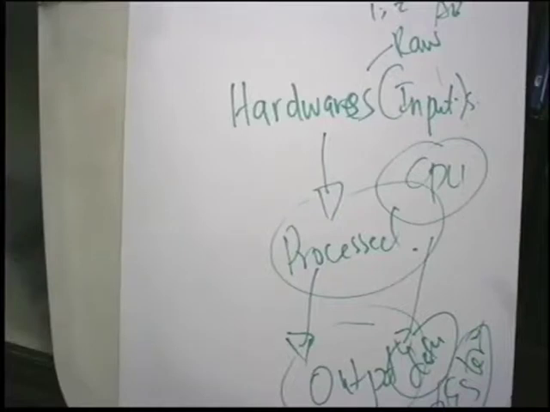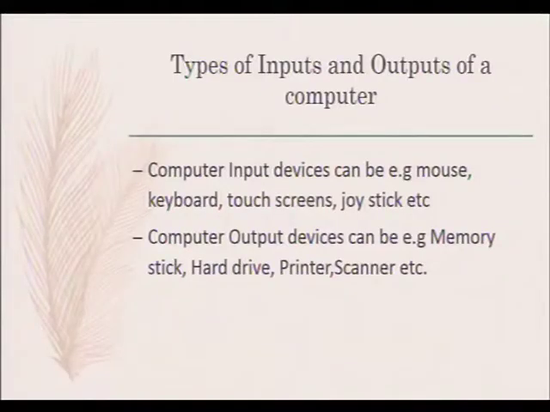For example, we have hard drives, we have printers, we have scanners, we have projectors. So those are some of the output components, or physical components of a computer that can output the data. Okay, just as I was mentioning, the types of inputs and outputs of a computer, I mentioned a few there.